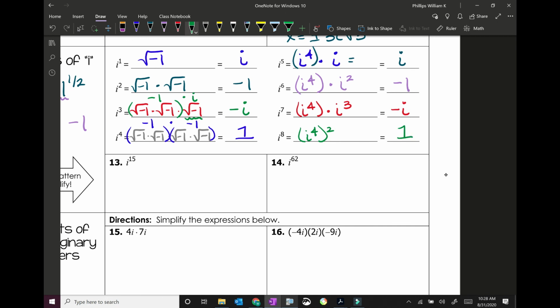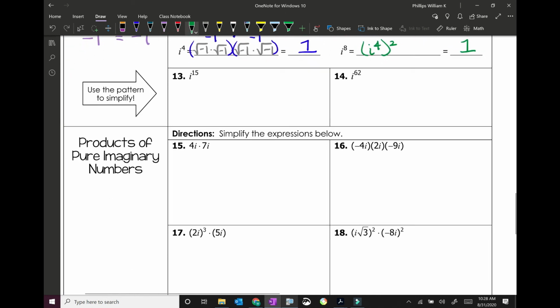Now, this is what we're going to use, this format here: i to the fourth raised to a certain power, especially when we have much larger exponents. So on 13, if I have i to the fifteenth, I need to think, okay, how many times can 4 go into 15?